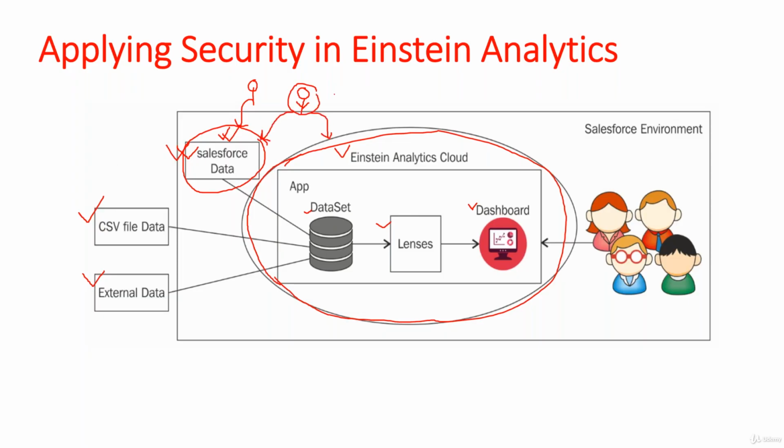Now, for this user, for example, we set in the object level or field level FLS setup or in the profile, access to just a few account records, not all accounts. Now, if this user creates a dataset from Salesforce, then it will get only the records which he has visibility to.